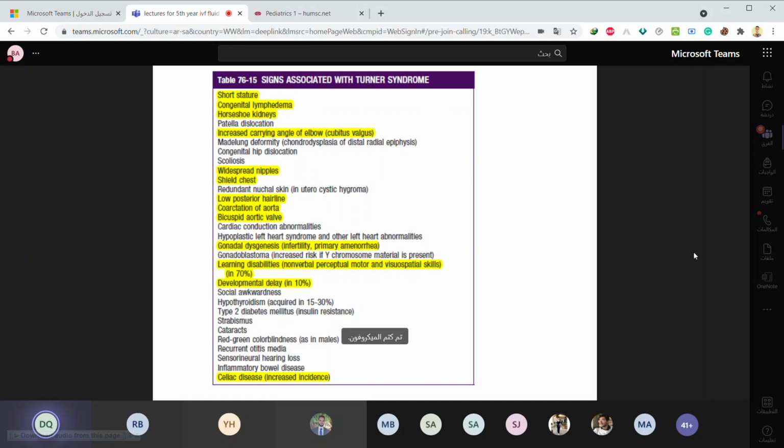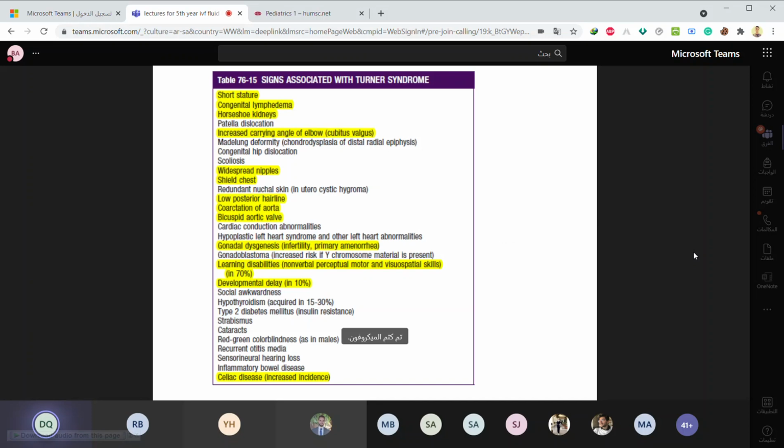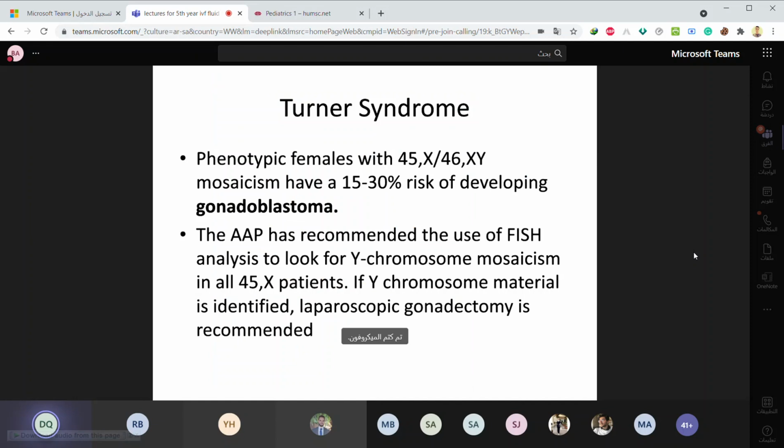Developmental delay in 10%. Some of them can get celiac disease also. So most of the time we detect Turner syndrome during investigation for short stature. If any female comes to your clinic complaining of short stature, you have to do karyotyping to look for Turner syndrome.